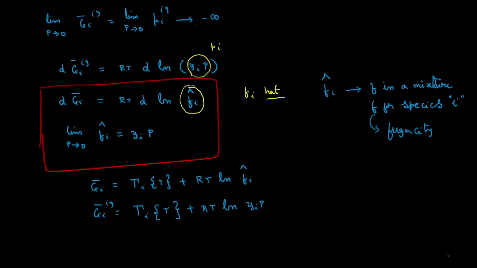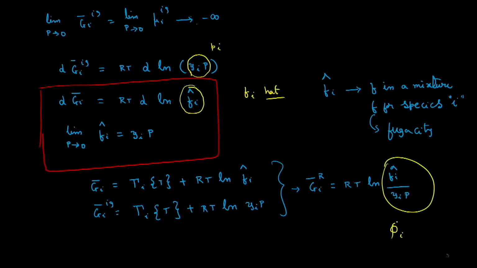And if I subtract one from the other, what I get on the left hand side is Gi bar R, or the partial molar residual Gibbs free energy, and on the right hand side we have RT ln fi hat over yiP. And this quantity on the right hand side, fi hat over yiP, is called phi i hat.